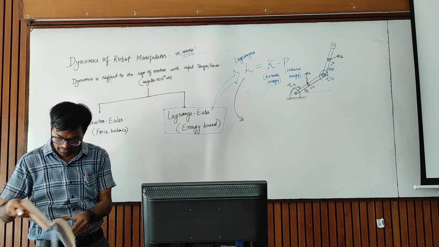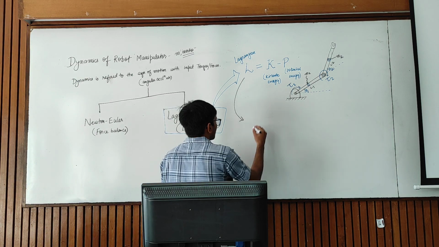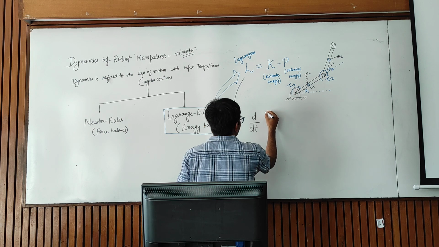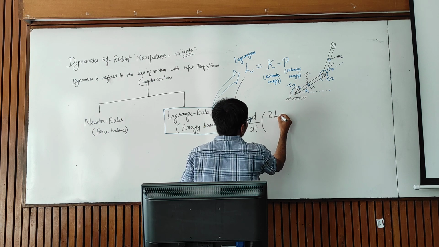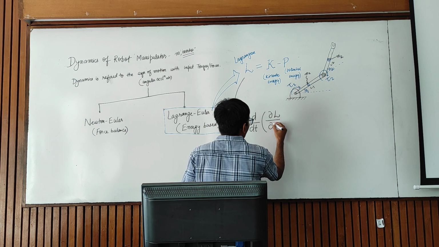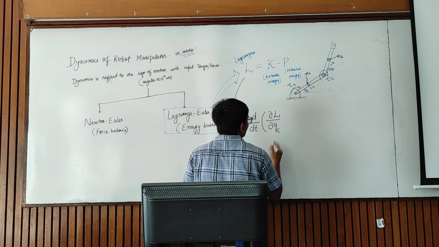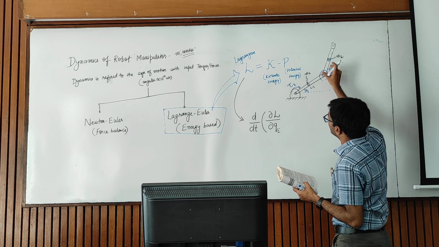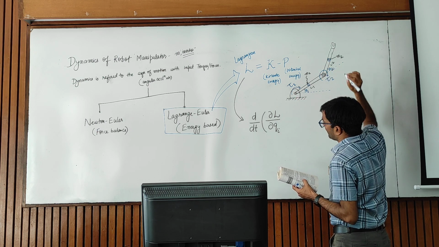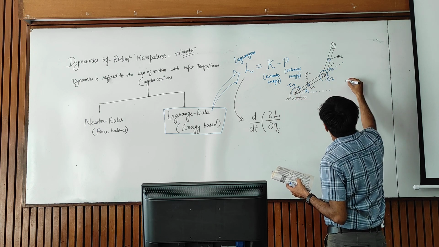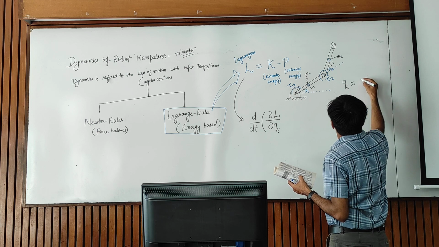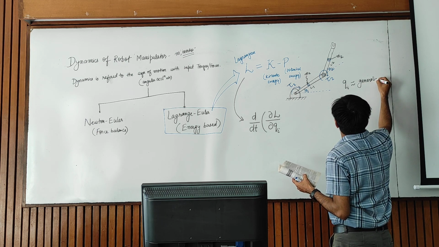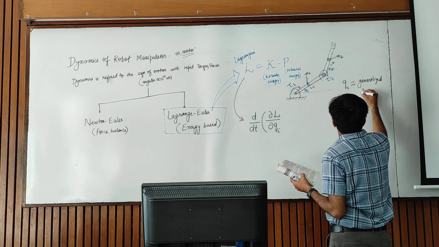The equation reads as the time rate of change of dou Lagrangian by dou Qi dot, please make a note, Q dot here, minus dou Lagrangian by dou Qi, must be equal to the generalized torque or force that is acting, tau i. Here the Qi's are the generalized joint variables.